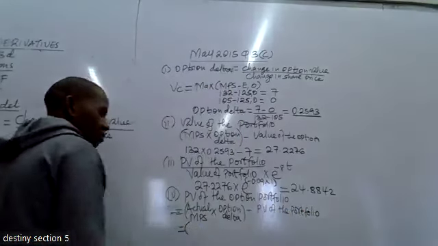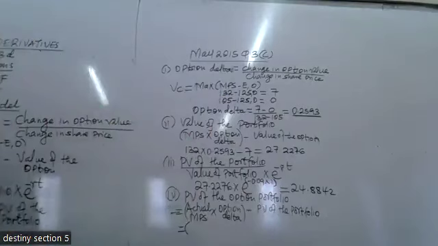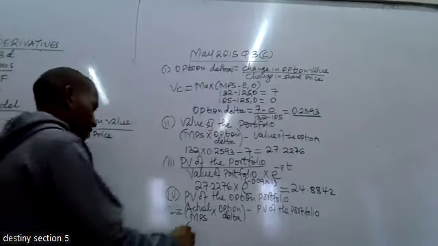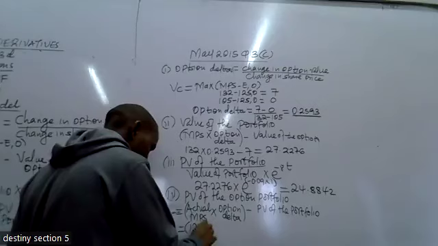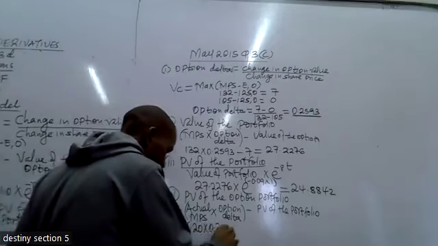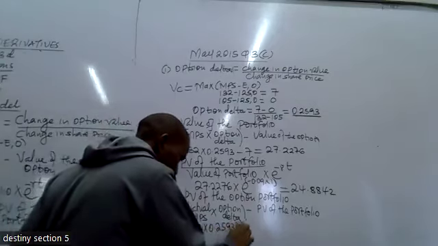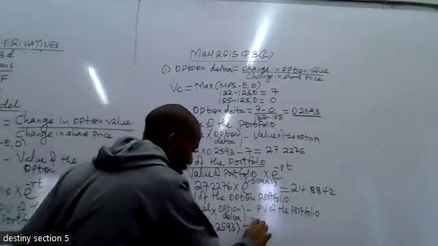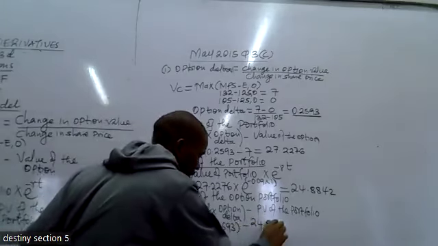What was our actual MPS? It is currently trading at 20.25, and 0.3 is our option delta. Then minus 24.88.